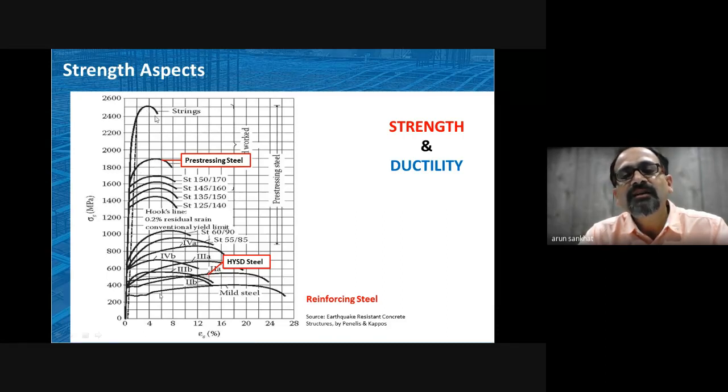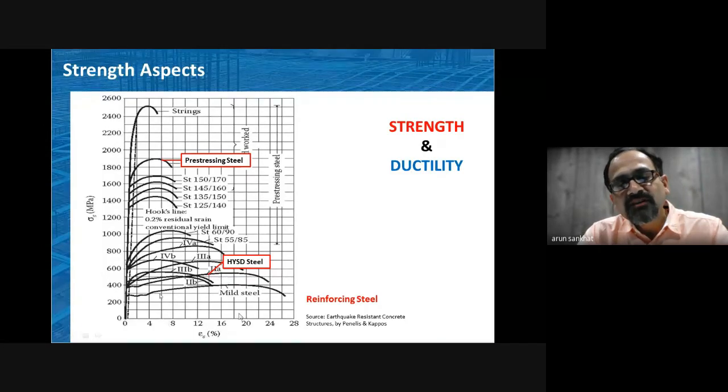And further, there are high strength materials that are being used for some special kinds of applications. Here, the part to watch out for is that this is the strength part and this is the deformation, or extension, part in the tension test of the material. Mild steel has a limited stress value, and then it fails. This is the ultimate stress value. So it is strength, and then it fails.